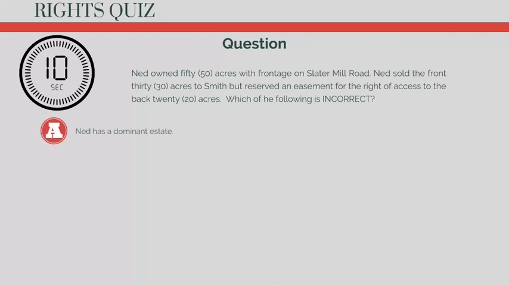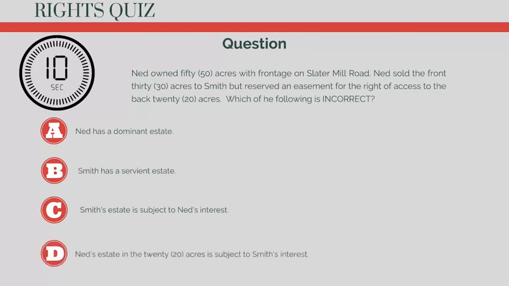A, Ned has a dominant estate. B, Smith has a servient estate. C, Smith's estate is subject to Ned's interest. Or D, Ned's estate in the 20 acres is subject to Smith's interest. D, Ned's estate in the 20 acres is subject to Smith's interest.